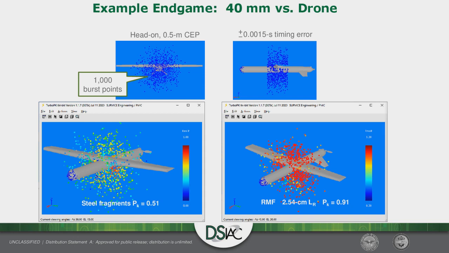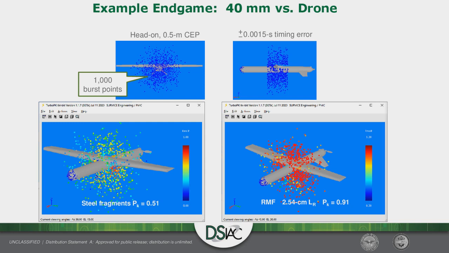There is no fault tree per se here. If, on the other hand, we assume that the reactive metal fragments have a PKH of 1 on vulnerable components, and furthermore have a lethal radius of 1 inch, 2.54 centimeters, then the numbers jump to 0.91.